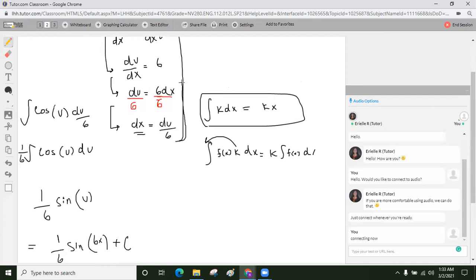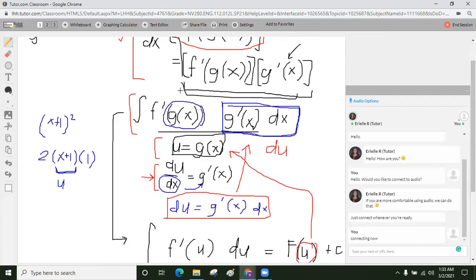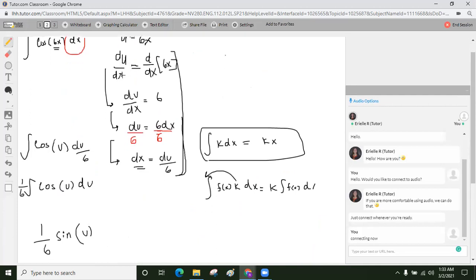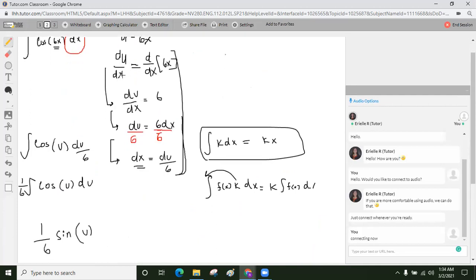Which one? Why we take the derivative of u? Yes, why we take the derivative of u and also the derivative of 6x. The only problem really is why we are choosing to do this.